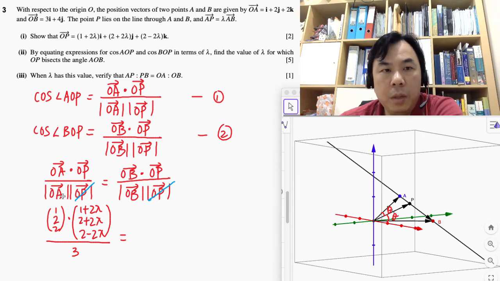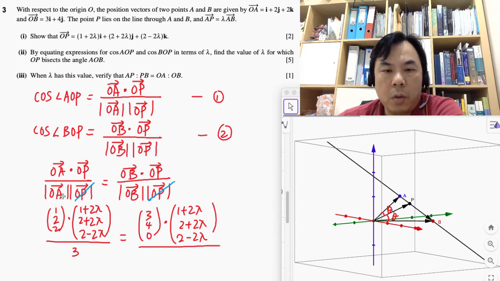And then OB we have 3, 4, 0, over the magnitude for B, which is also very obvious, a 5 here. All right. So from here, all we need to do is just solve this equation, and then we should be able to obtain the value for lambda in this case.